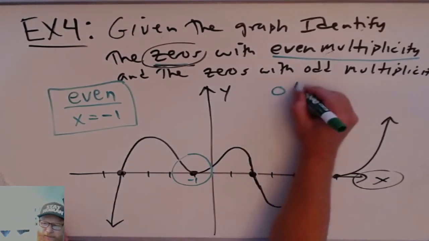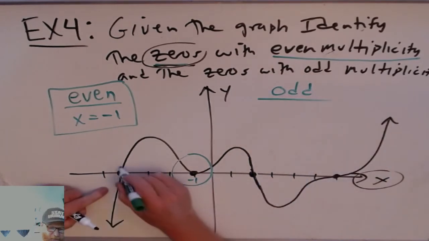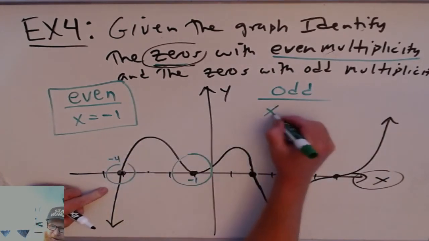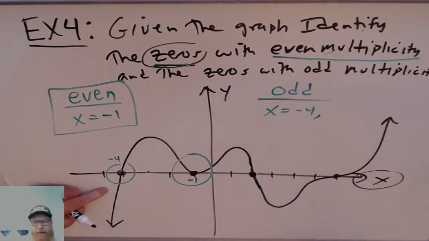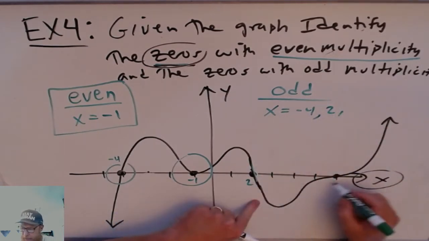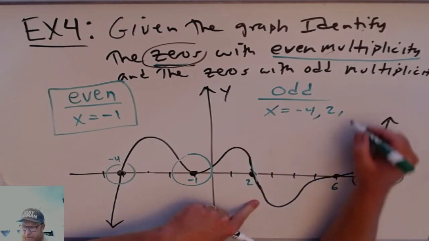So odd would be this one. Let's see, 1, 2, 3, 4. -4 would be odd. I'm just going to list them out. 2 would be odd, and 3, 4, 5, 6 would be odd.